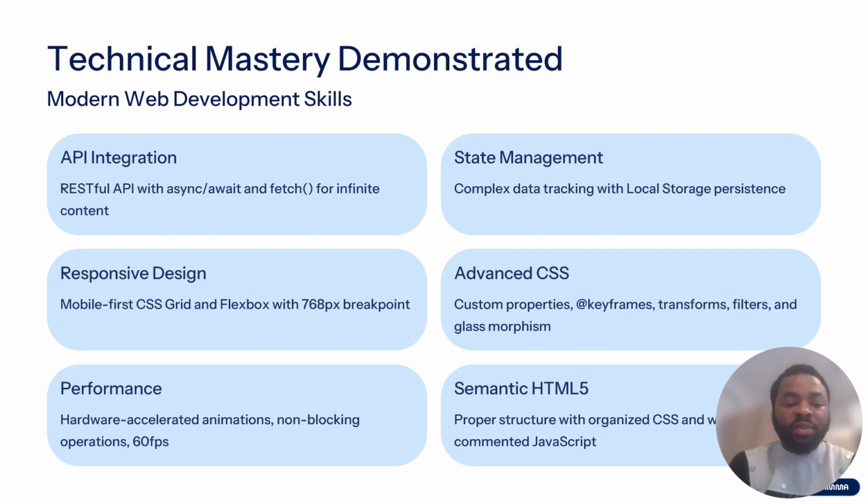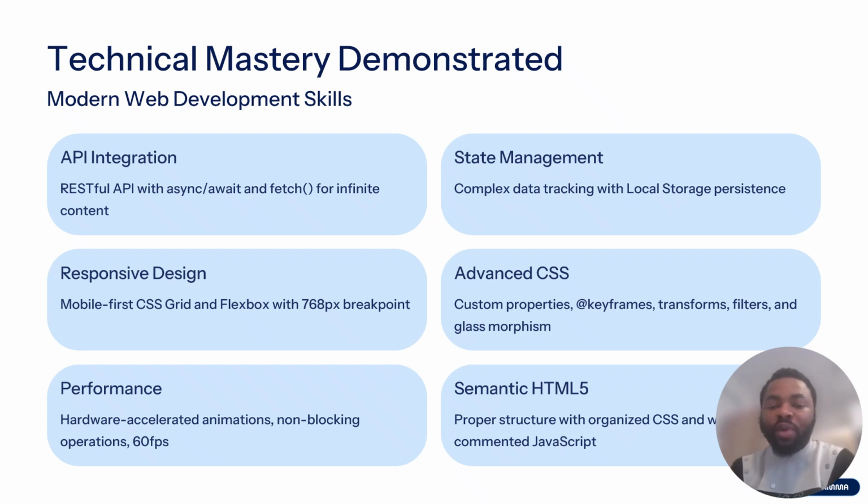So the responsive design. This comes with a mobile first CSS grid and flexbox with a breakpoint. The interface was made mobile first, like how people use Figma to design it. So the design was designed to fit the mobile standard first, with a CSS grid.